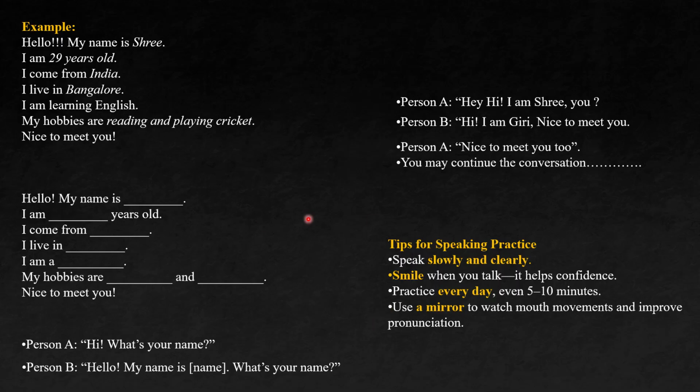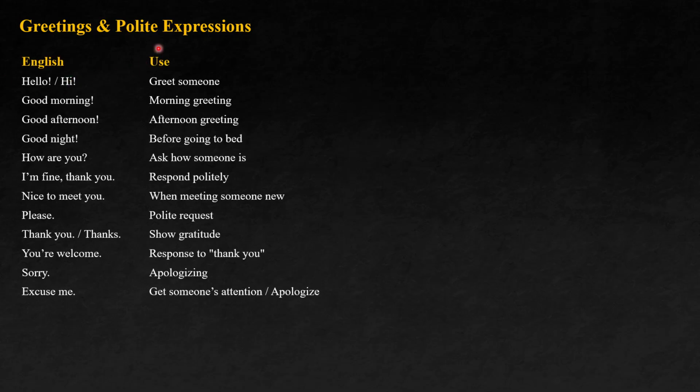Okay, let's go to the next slide: how we need to greet and use polite expressions. For example, the use of English greetings. First, we need to greet someone. We just say hello or hi. It's fine. Morning greetings, everyone knows it: good morning, good afternoon.